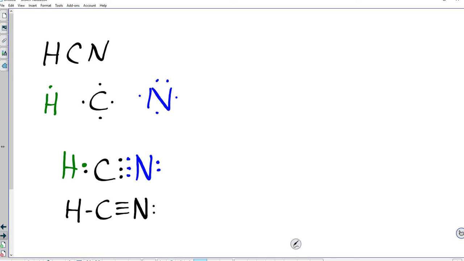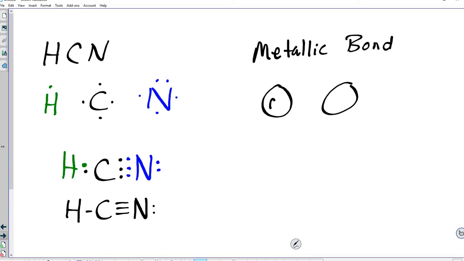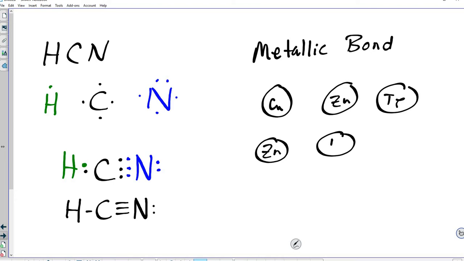Okay, so in a metallic bond, a metallic bond basically has atoms of, say, copper or zinc or tellurium, or they just can be random in here. We'll put a uranium in there. That's not really happy, but that's okay. Another copper.